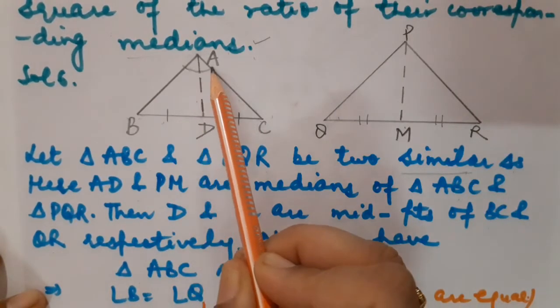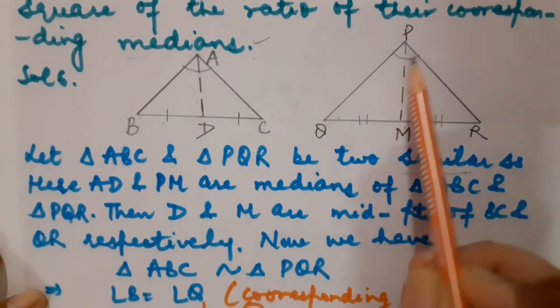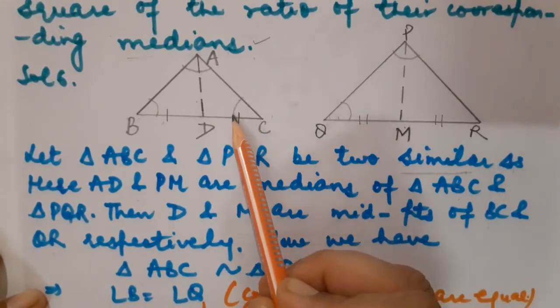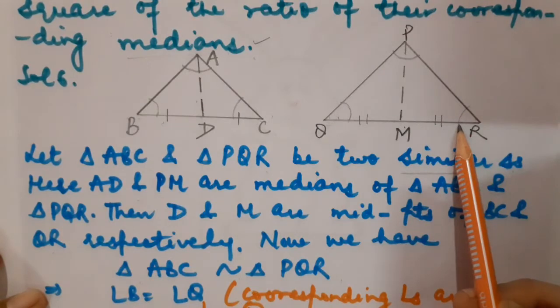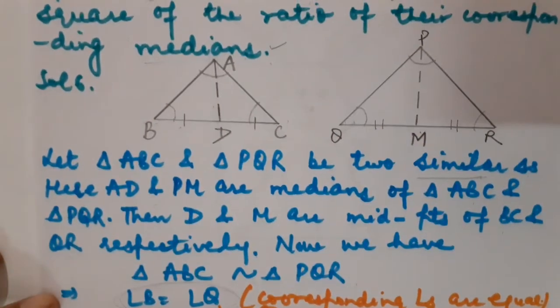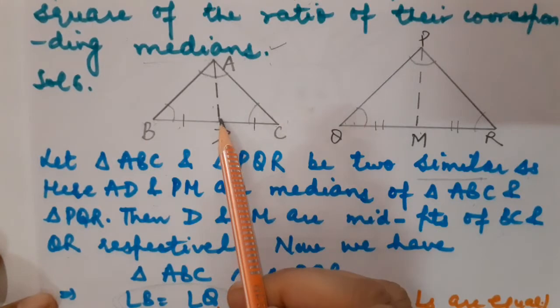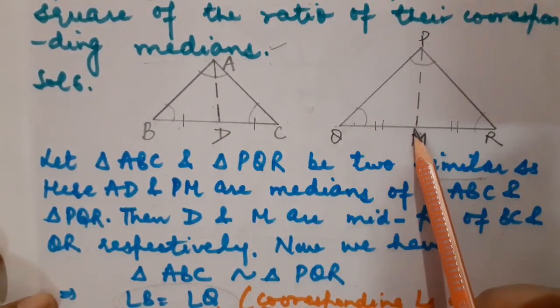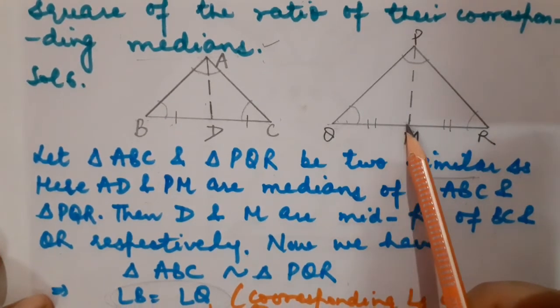Means angle A must be equal to angle P, angle B must be equal to angle Q, and of course angle C must be equal to angle R. Fine. So here I am going to use only this condition, that angle B is equal to angle Q, because only this condition I require to prove that these smaller triangles, that is ABD and triangle PQM, are similar to each other. Children, you may have understood my point.